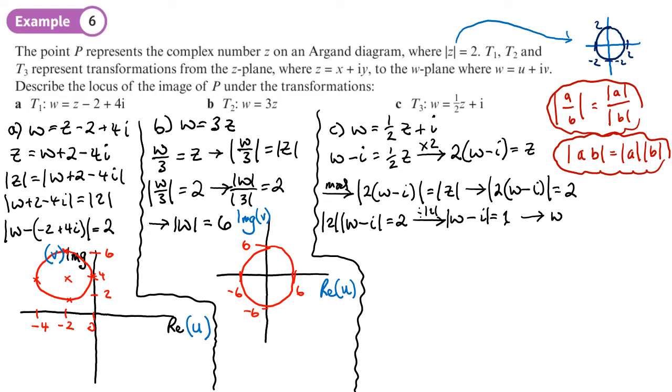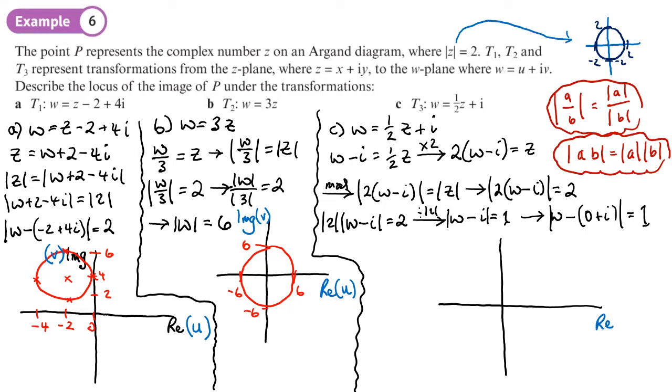So that will be the modulus of W minus, and then that will be 0 plus I, so we can see clearly where the center is. So our description will be our drawing.